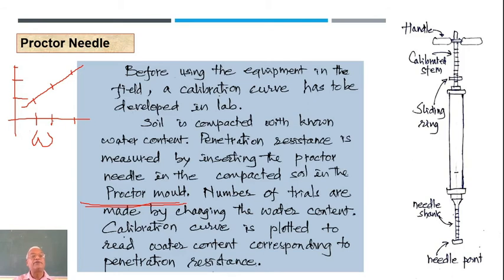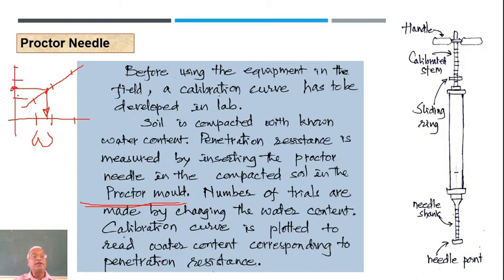Now this graph is taken to the field. On the field, when you press it, if it is able to penetrate a particular value, you should go and search for the value of water content there. That is the procedure. I repeat the whole thing. In the lab, you bring the soil that you are compacting on the field. You test for various water contents and particular needle penetration.